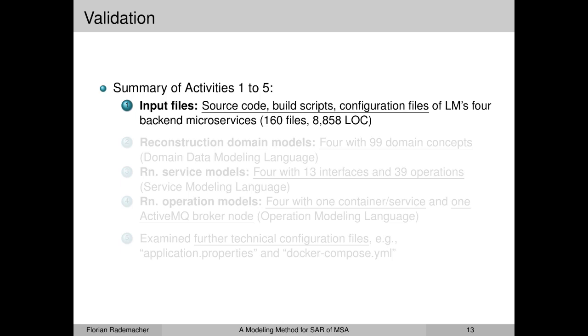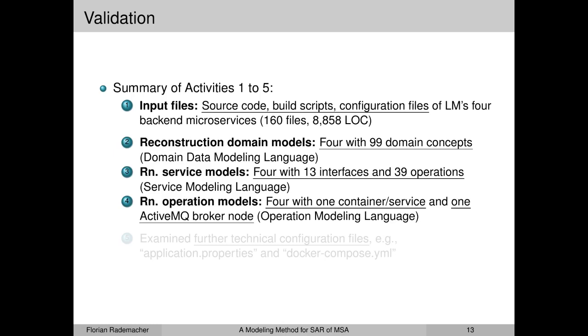We use the 4 backend microservices because they implement the business logic of the application, and we decided to rely on source code, build scripts, and configuration files because no extensive high-level architecture documentation for LM exists. So we executed our modeling method on 160 files in total with 8,858 lines of code.